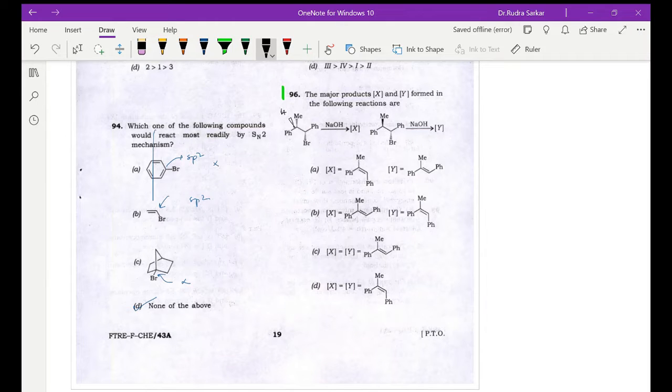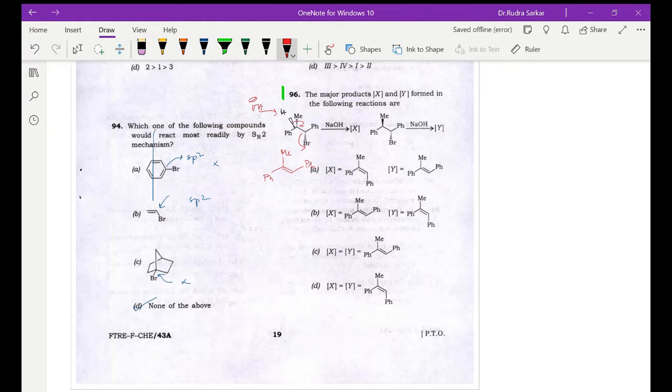So that means if elimination takes place via an E2 process, the alkene that will be formed by a concerted step is going to have the geometry as follows. So this will be the structure of product X.